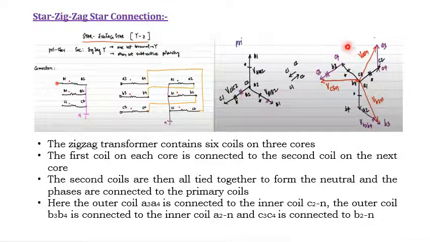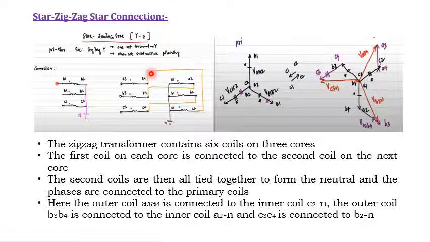Now the resultant between these two gives the net voltage drop of the respective phase. Now here I am supposed to draw. This is the phasor of the star connected winding, that is A1, A2, and this is the A3, A4 phasor.